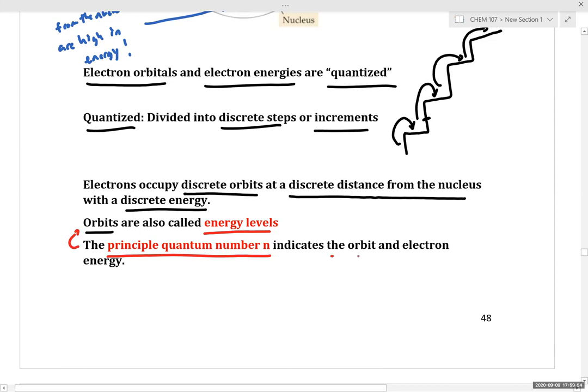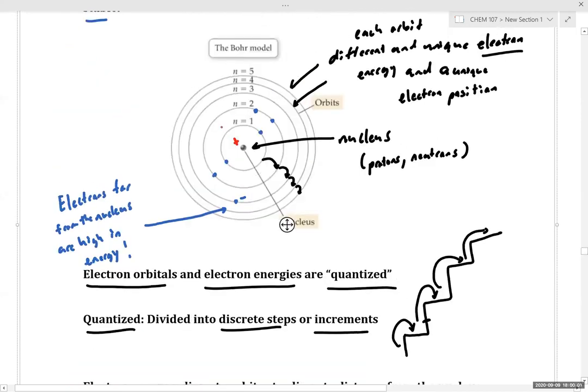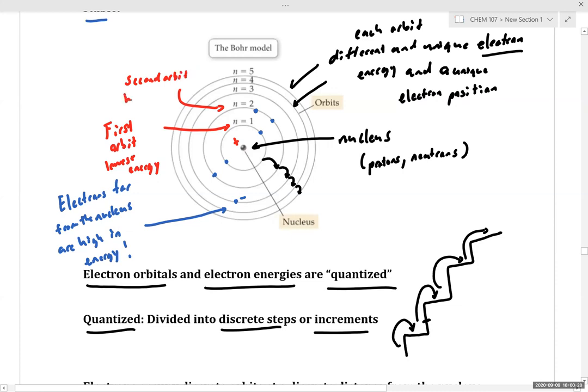It indicates the orbit and the electron energy. So for example, n equals 1 would be the first orbit, and it's the lowest energy. n equals 2 describes the second orbit, and as it's farther from the nucleus, it's higher energy.